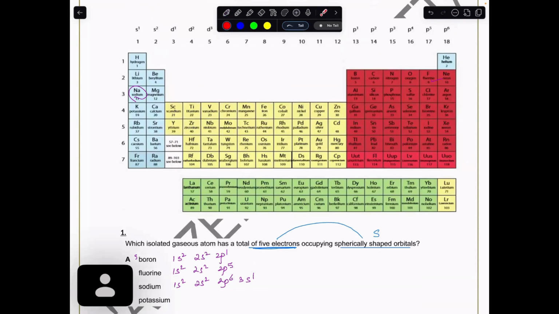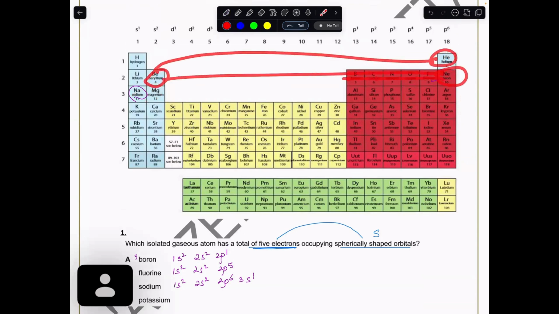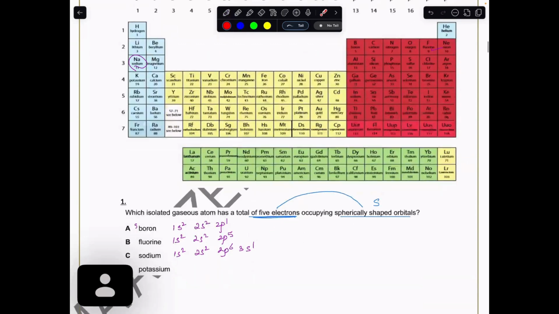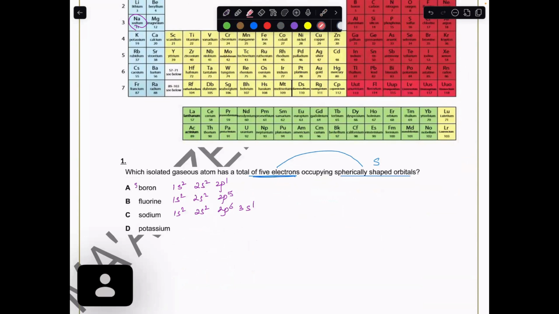Look, you can go this way: 1s2, 2s2, 2p6, 3s1. So if you see, how many electrons in s orbitals? 2 and 2 is 4, and 1 is 5. The answer is C. Sodium has 5 electrons in spherically shaped orbitals.